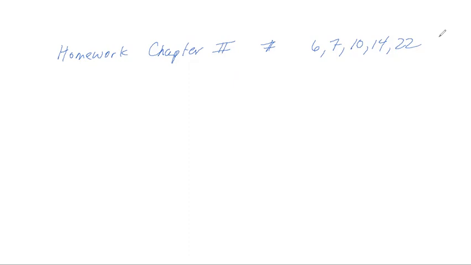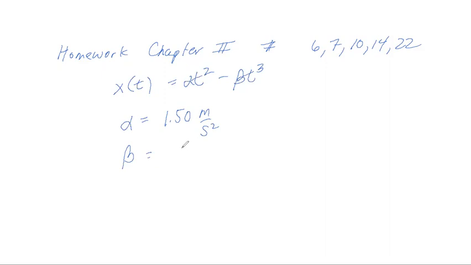The car's distance x from a stop sign is given as a function of time by the equation x of t equals alpha t squared minus beta t cubed, where alpha equals 1.50 meters per second squared, and beta equals 0.0500 meters per second cubed.